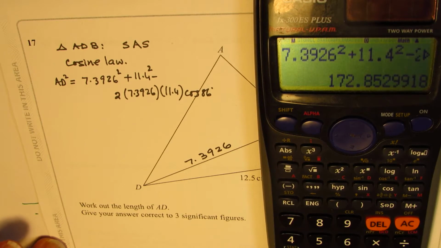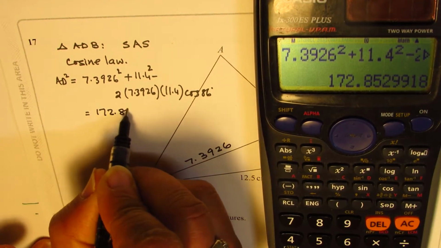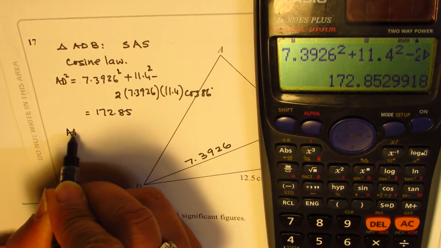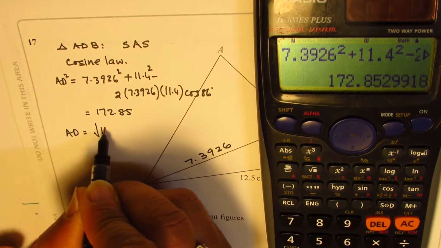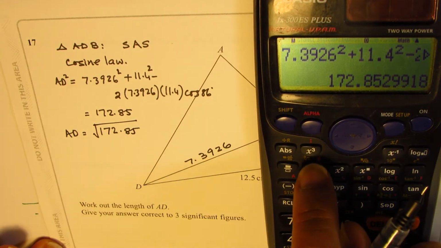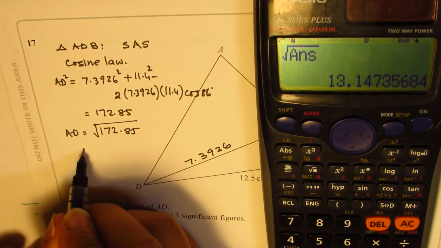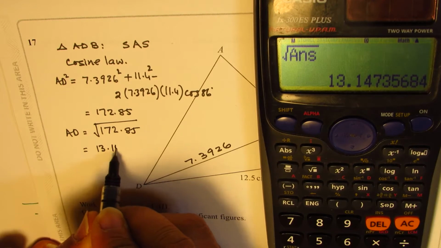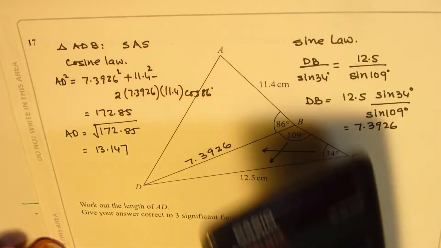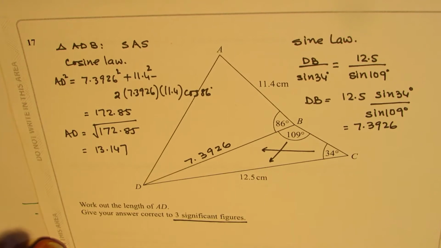So that gives you 172.85. So AD will be square root of 172.85. So when we do square root of our answer, what we get is 13.147, correct?